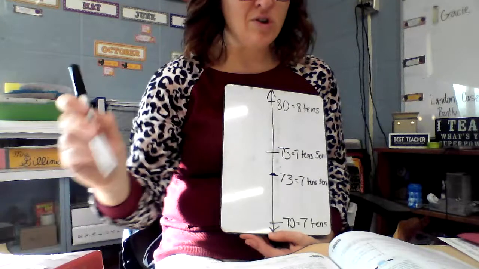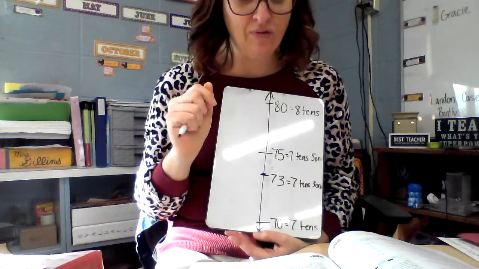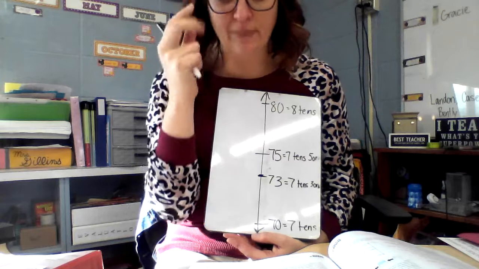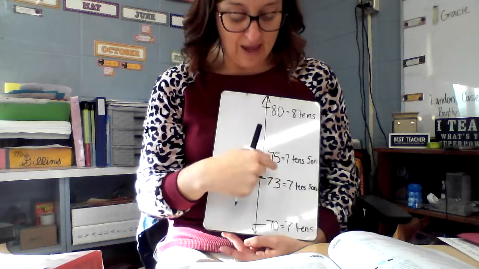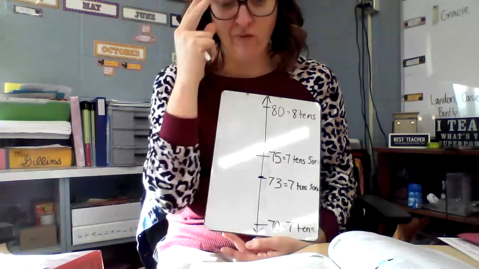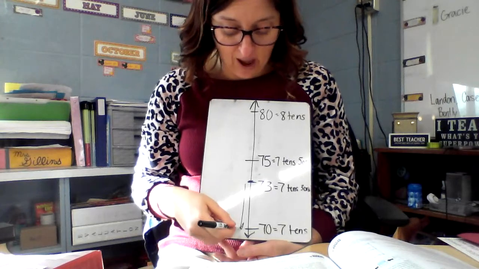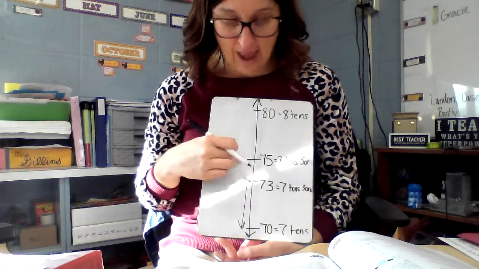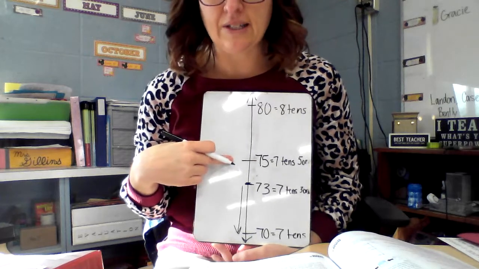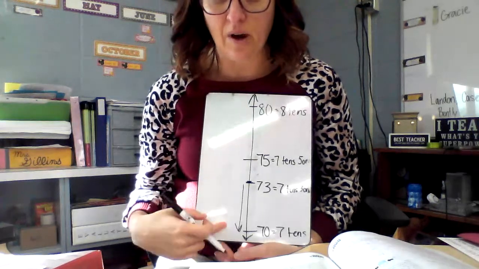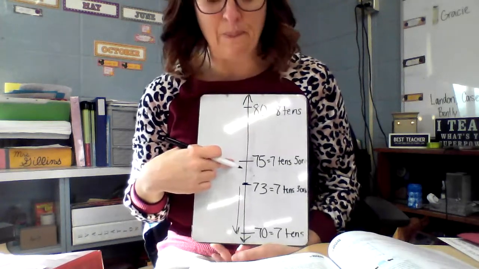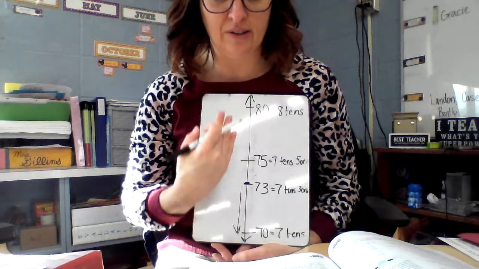If you said that it is less than halfway between 70 and 80, you are correct because I know 3 is less than 5, and 5 is my halfway point, okay? So I would round 73 down to 70. Anything that's less than that halfway point is going to be rounded down. Anything that comes above that half point is going to be rounded up.